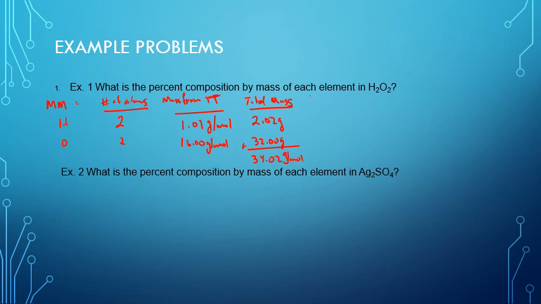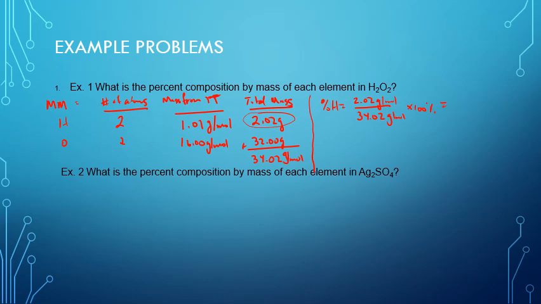So as I now look at my percentages, for the percentage of hydrogen, all I have to do is take my total mass from here, 2.02 grams, divide it by the molar mass, 34.02 grams per mole, and finally, since we're dealing with a percentage, multiply it by 100%.